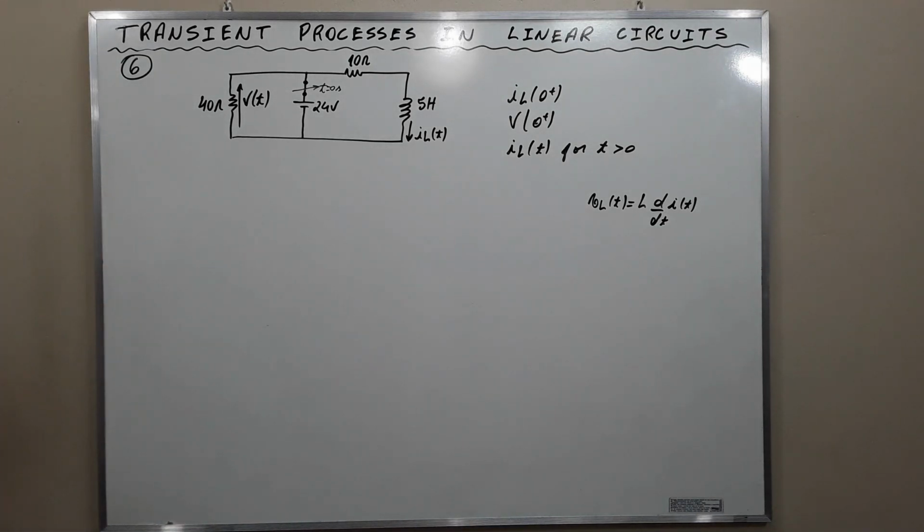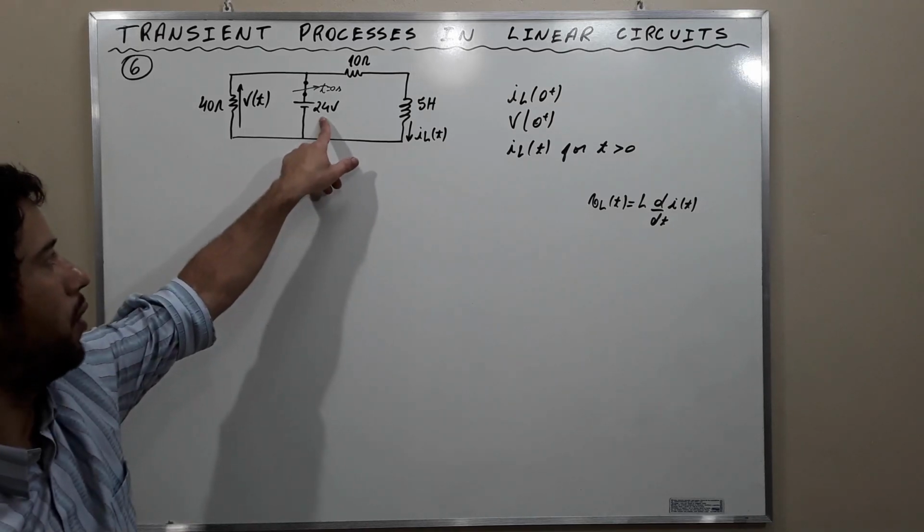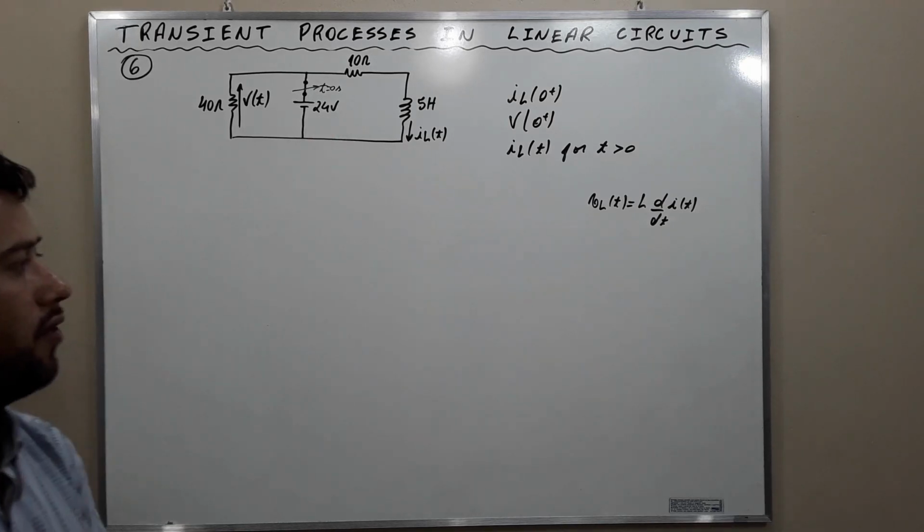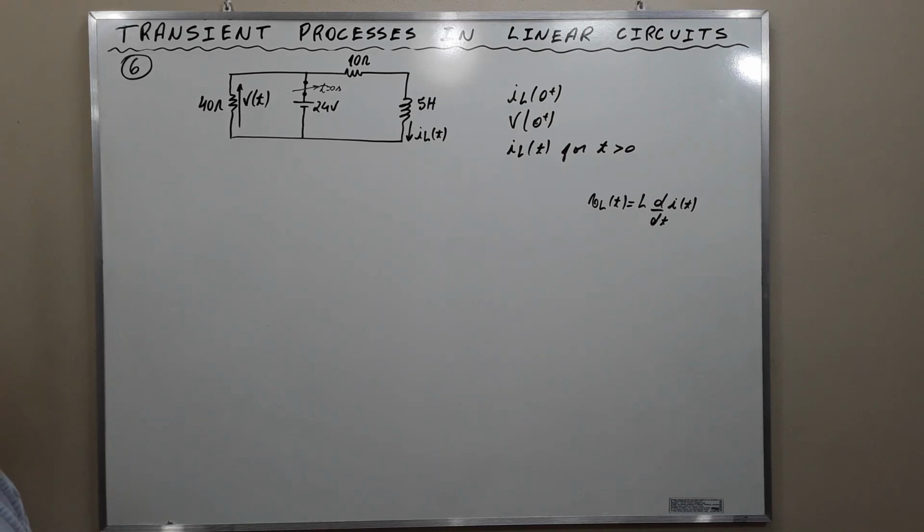In steady state, as the power supply here is DC, the current through the inductor does not vary. It is constant. And the derivative of a constant with respect to time is 0. It means that the voltage across the inductor is 0.